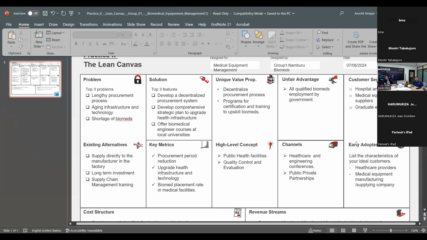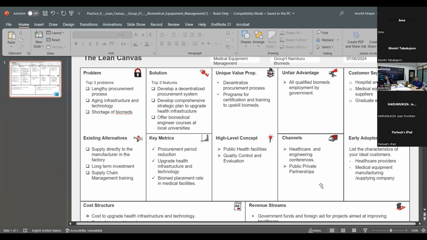The channels that were targeted are healthcare and engineering conferences, and also there are some public and private partnerships that can help to do all those procurement systems.